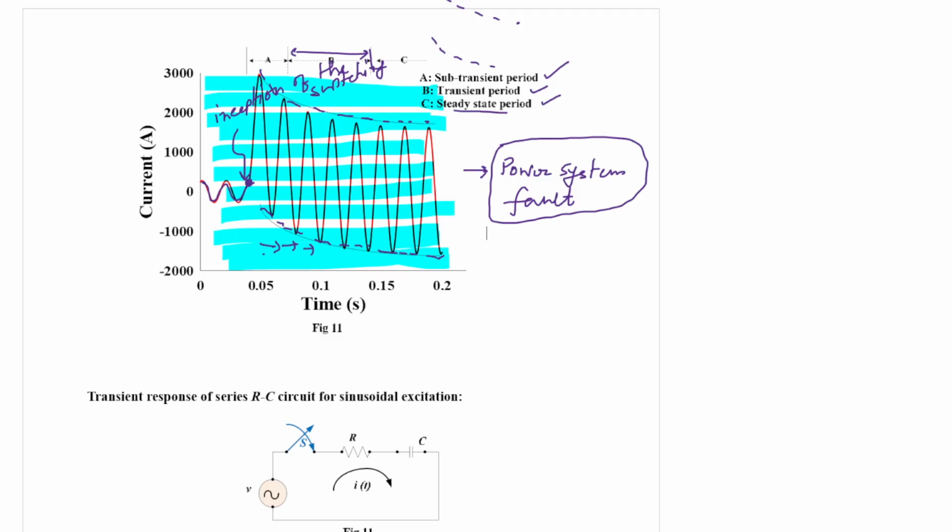Welcome, friends. In the last session, we started discussing the sinusoidal response of the series RL circuit, where we have seen the current response is roughly represented by this waveform as shown in figure 11.